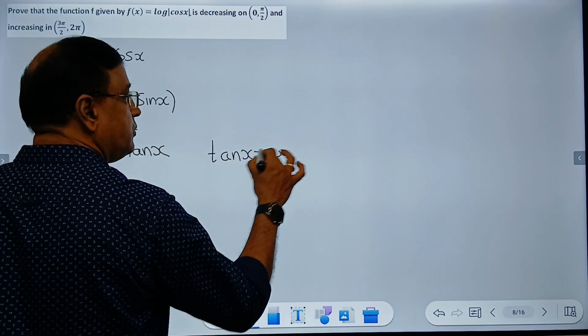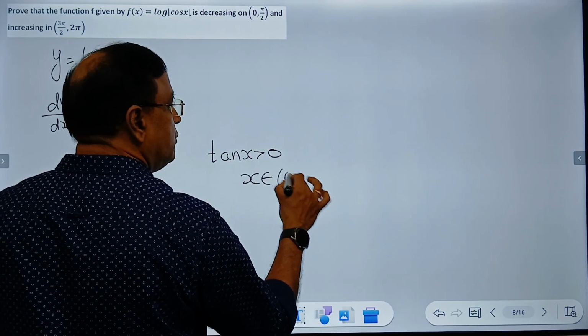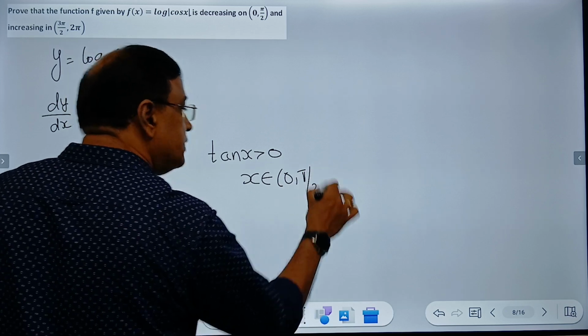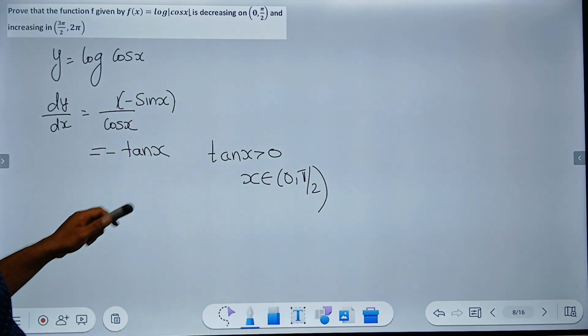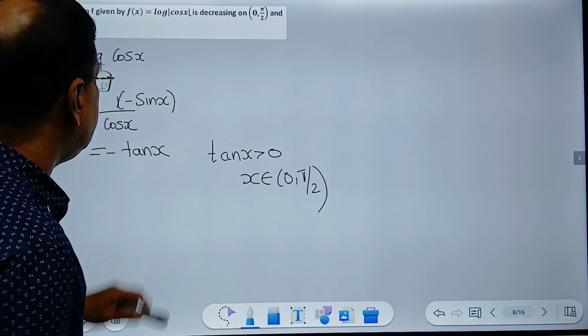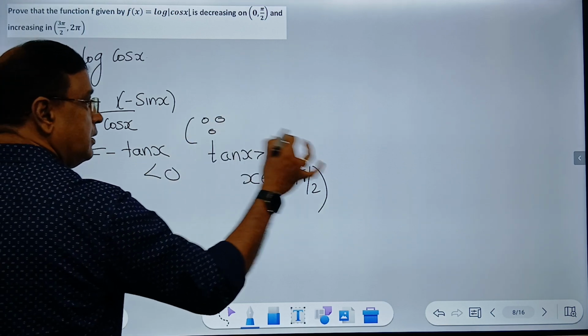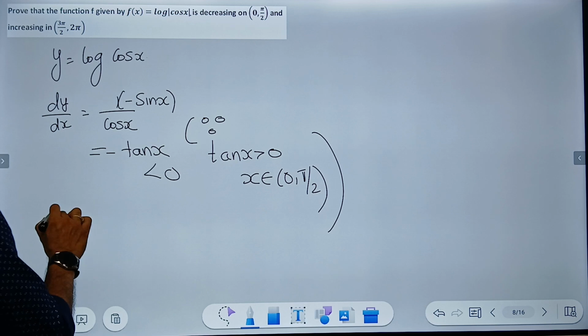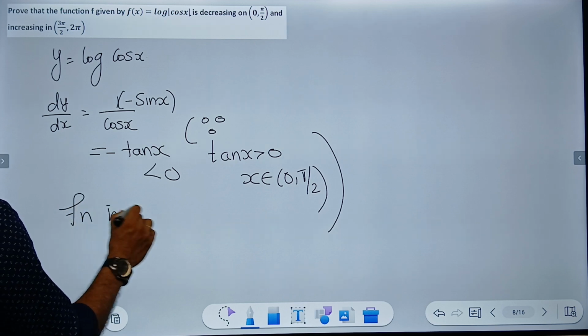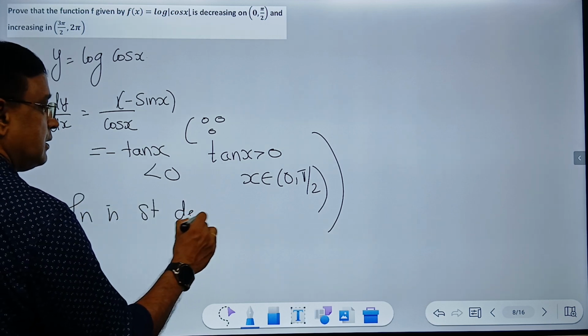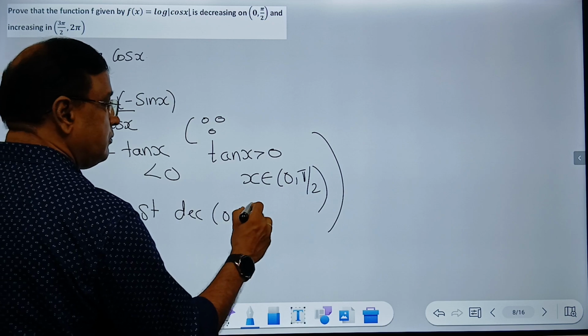Tan x is positive when x belongs to 0 to pi by 2. In the first quadrant, when tan is positive, minus tan x will be negative, right? Therefore, I can say the function is strictly decreasing in 0 comma pi by 2.